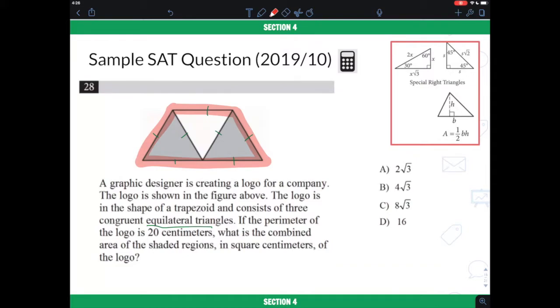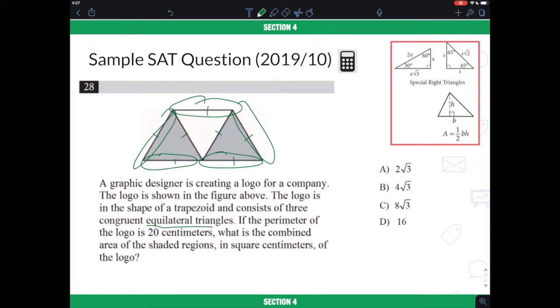So what is the combined area of the shaded regions, the two triangles, in square centimeters of the logo? We would like to first wonder, what is the length of each side? If we take a closer look at the diagram, we can see that the perimeter is made by 1, 2, 3, 4, 5 sides of the equilateral triangles, of the 3 equilateral triangles.